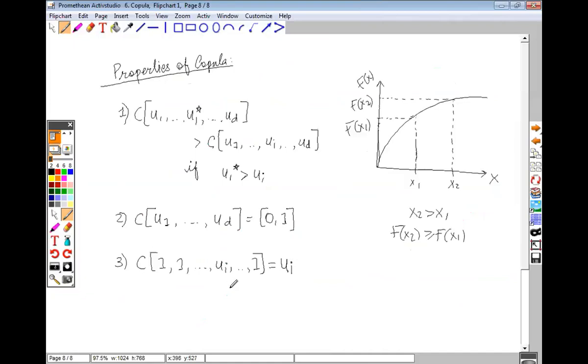Does this make sense? And this will be for all i from 1 to d. And this also makes sense because we know this should always be between 0 and 1, and this ui also always belongs to 0 and 1. It will never exceed. So the area under the curve can also never exceed 0 and 1. So I guess these are the three essential properties of a copula.